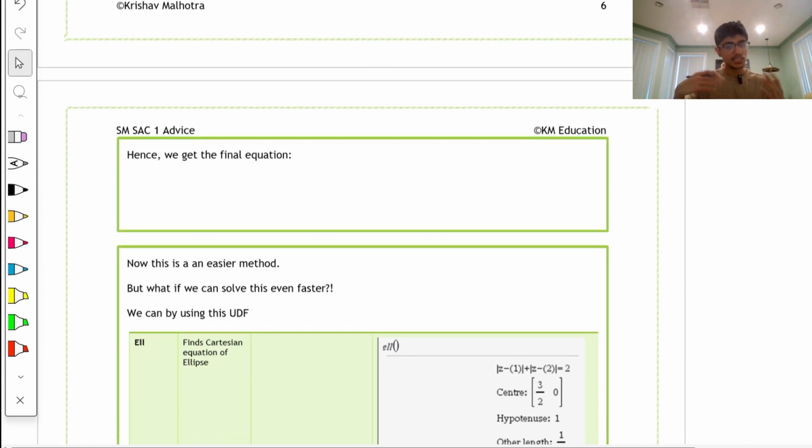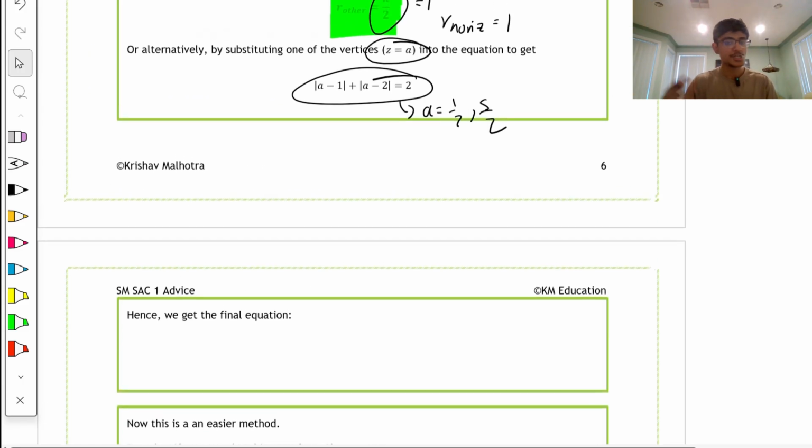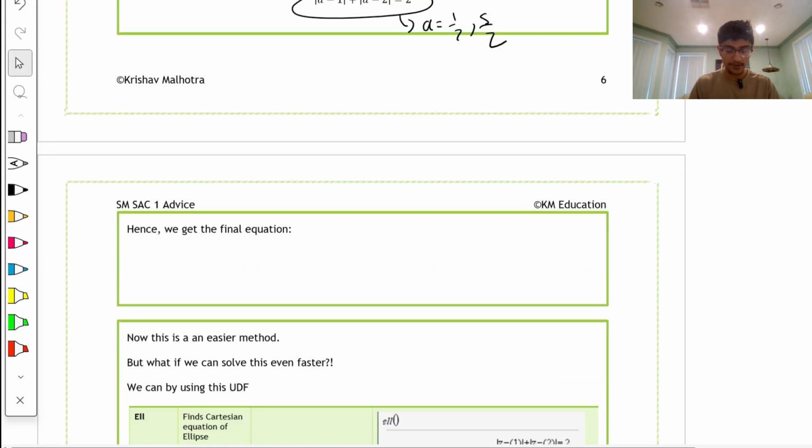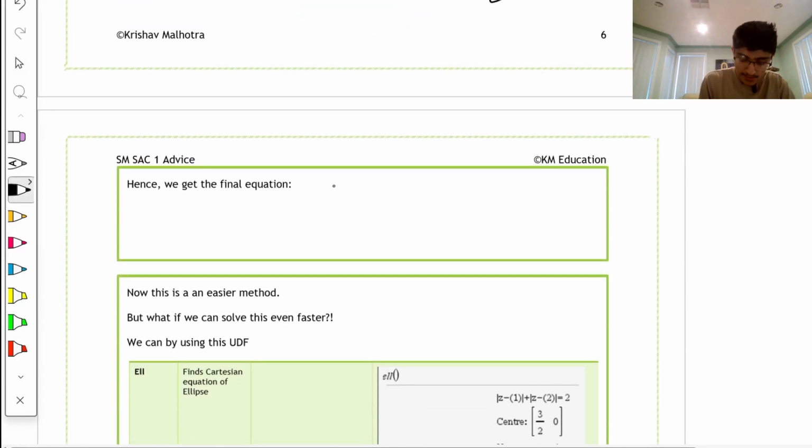So now that we've got our center and our vertical and horizontal radii, we can put this into the general form of the ellipse to get a final equation. My center is (3/2, 0), so I immediately know my equation should look something like this.